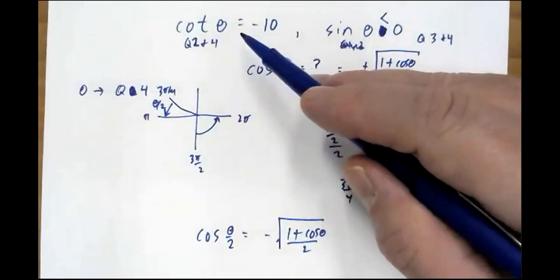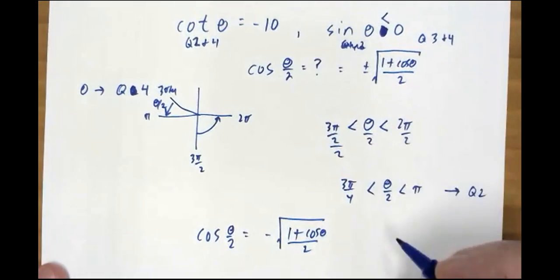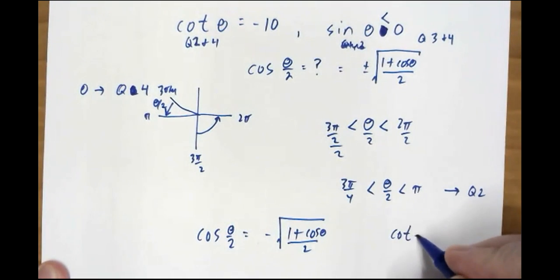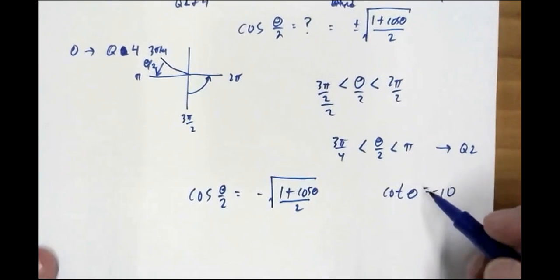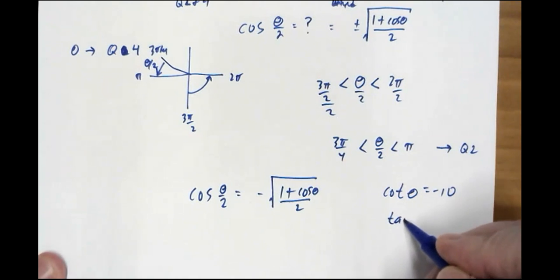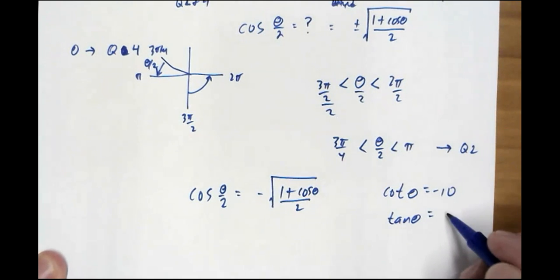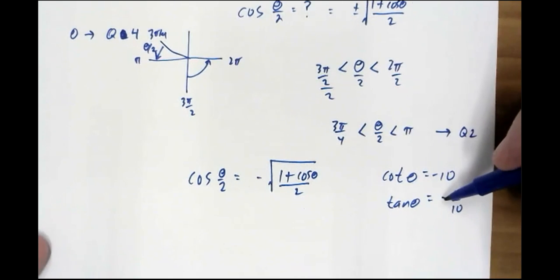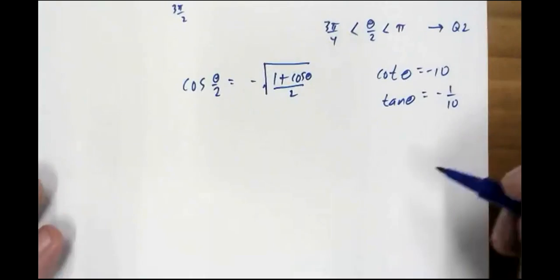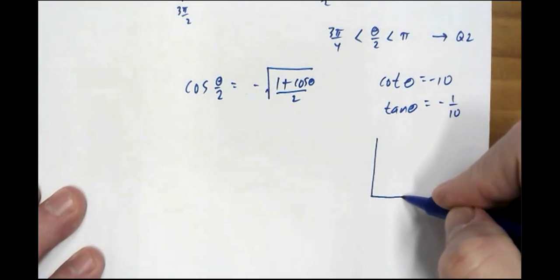So now I go back. Cotangent of theta is minus 10. I always switch from cotangent to tangent, which means it's the reciprocal. The plus or minus doesn't change. So it's still negative, it's negative 1/10. Now I like to create my right triangle.